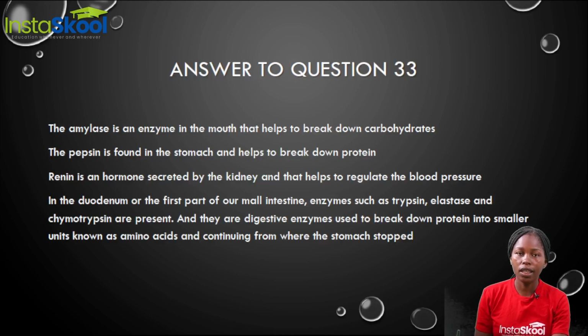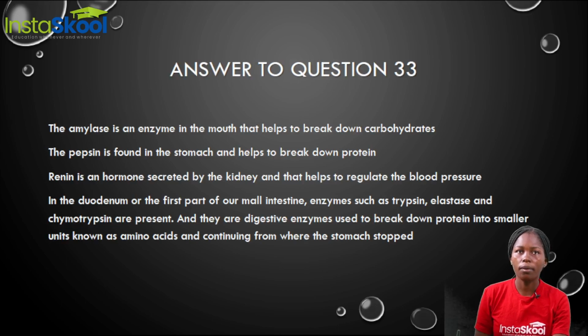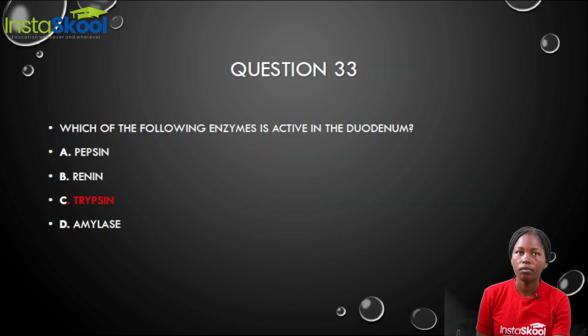The pepsin can be found in the stomach, and it helps to break down protein. So that one is out of our options. Now also the renin or the amylase. The amylase is an enzyme that is present in the mouth, and it functions in breaking down carbohydrates.